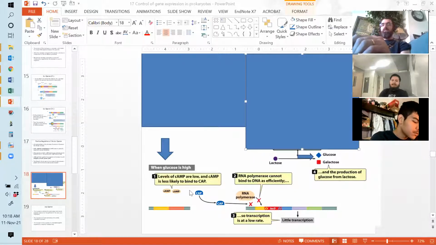Right, and so when there's less cyclic AMP, there's not very much bound to the CAP protein.